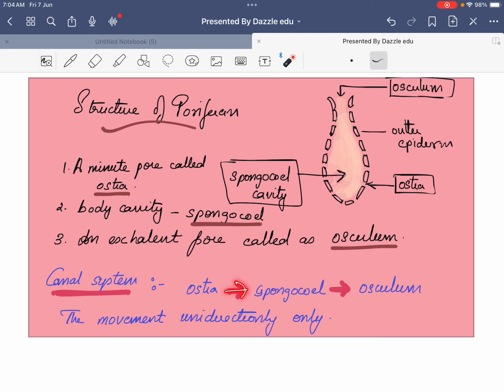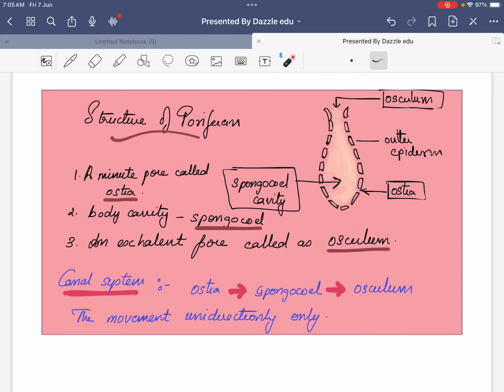Through the ostia, the material enters the cavity called the spongiocoel. The body uses simple diffusion, the material enters into the cell, and the waste material is given out through the opening called the osculum.